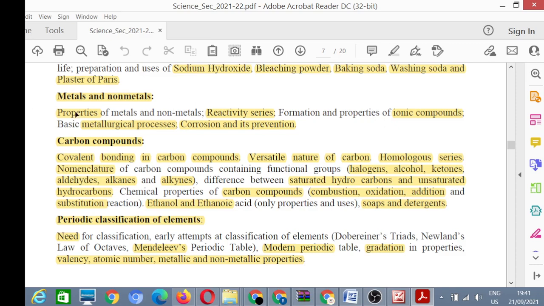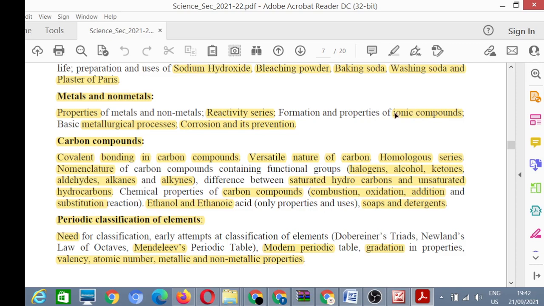Iron is a metal. Then properties of metals and non-metals. What are the properties of metals and non-metals? Then the reactivity series. Then formation and properties of ionic compounds.